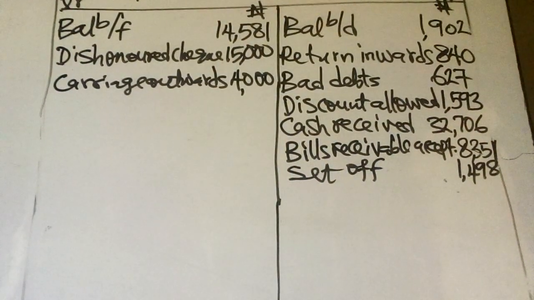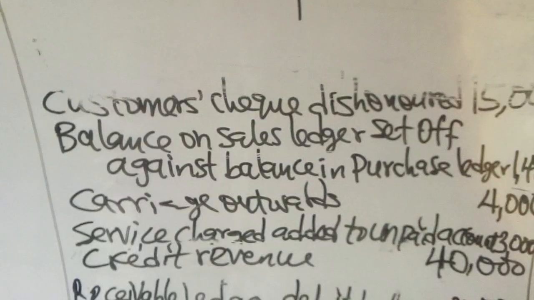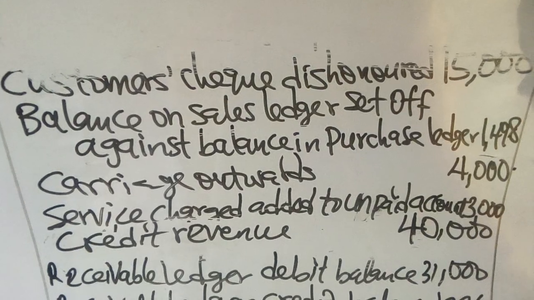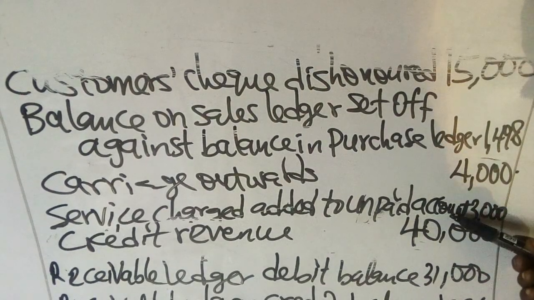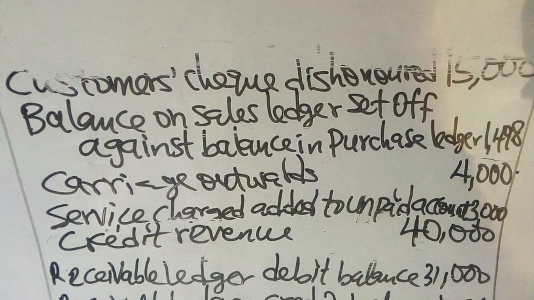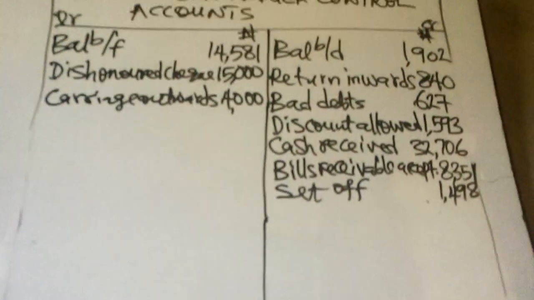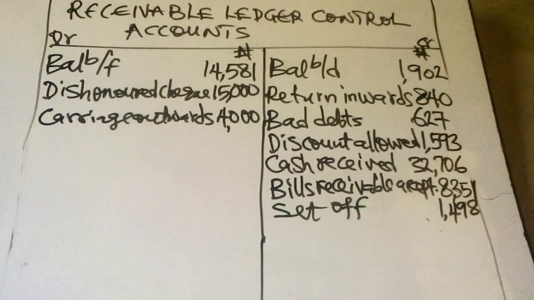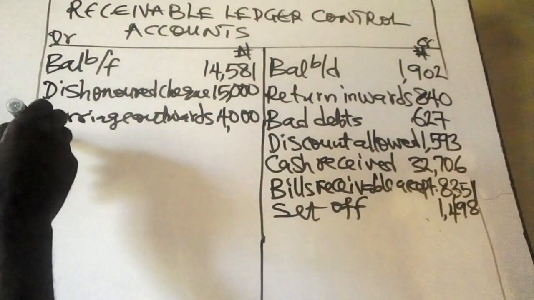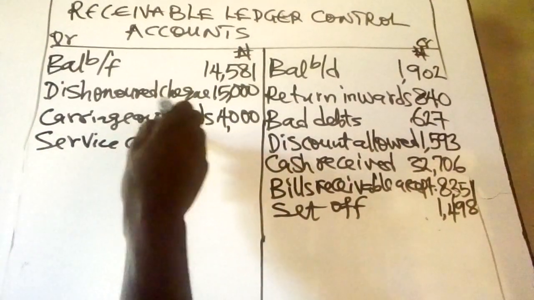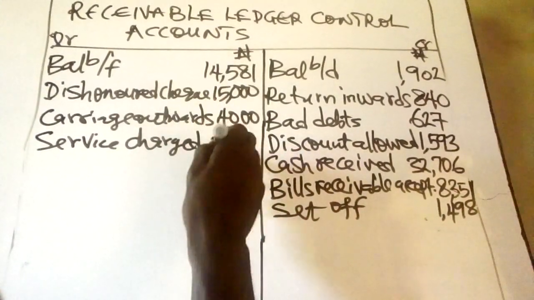Then the next item is service charge added to unpaid accounts, that is 3,000. When you charge the customers for your service, that increases the customer's debt. So we have service charge, and that is 3,000.